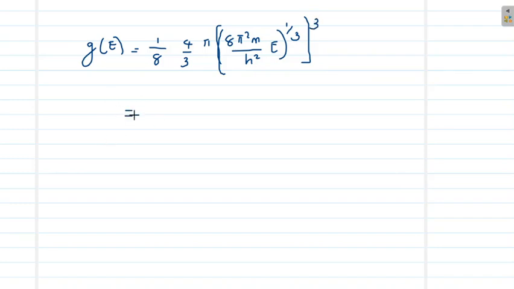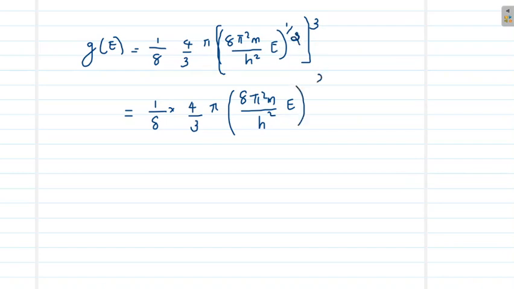So if we simplify this equation, we will get 1/8 into 4/3 pi into 8 pi square m by h square E, whole raised to 1/2, whole raised to 3/2. Now let us simplify this equation again. I am going to write 8 as 4 into 2, pi square m by h square.